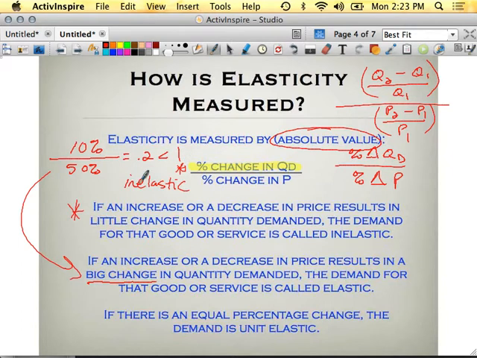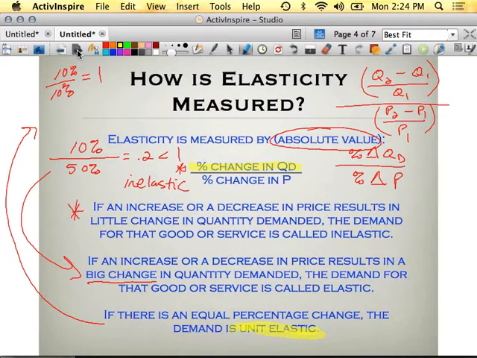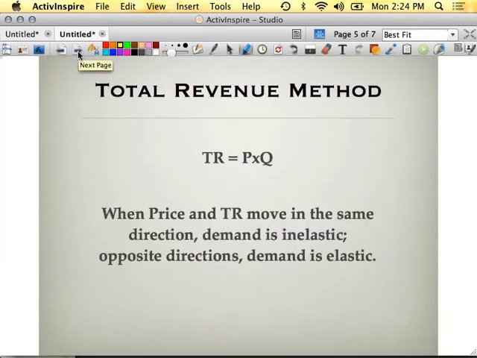So 1 is your reference point. And this last one down here, what if there were an equal change? What if price changed 10% and the quantity demanded changed 10% and they were equal to 1? Then an economist would say that good is unit elastic.